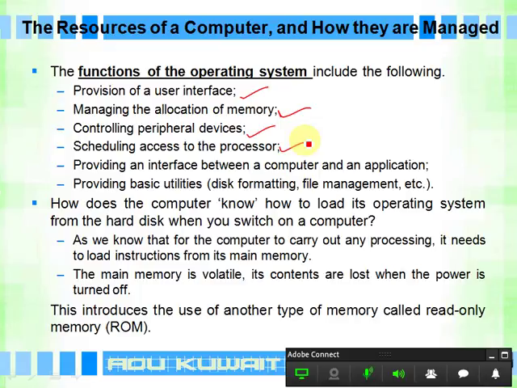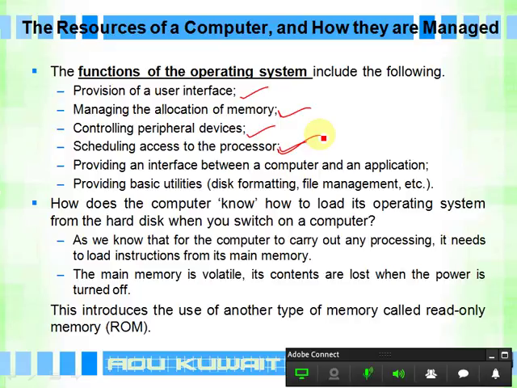So how are these all running with one processor? One processor can process one program, that is playing the video. But how this is happening is through the management or the scheduling of the processor.